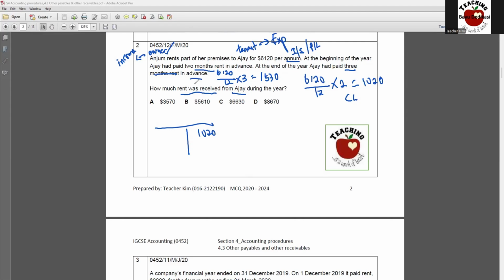And then the whole year is the income statement amount, 6120. And the end of the year, this is in advance. The income received in advance is a liability, 1530. They want to know how much was received, which means find the bank amount. So take the total debit minus the credit. So we get 6630. So the answer is C.